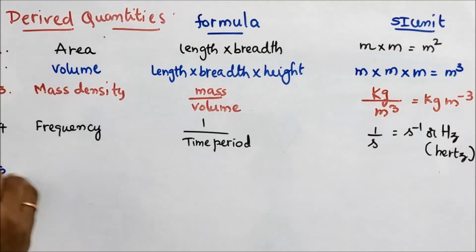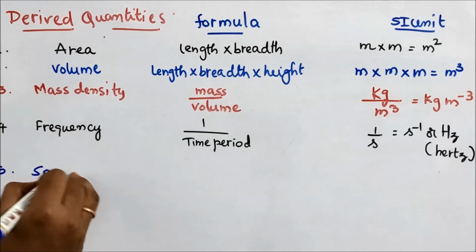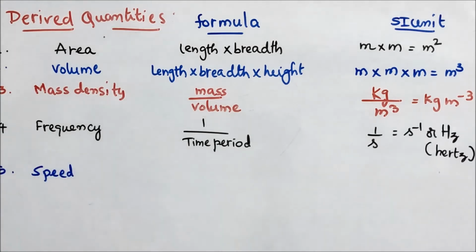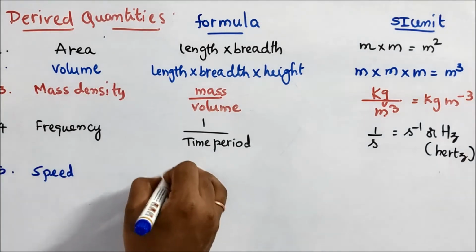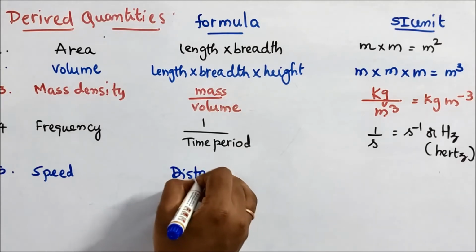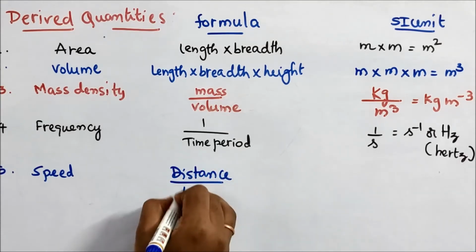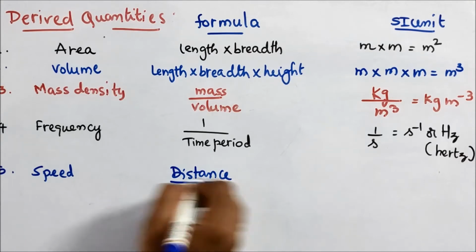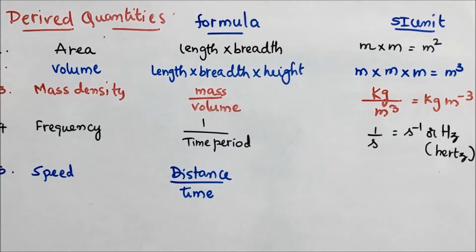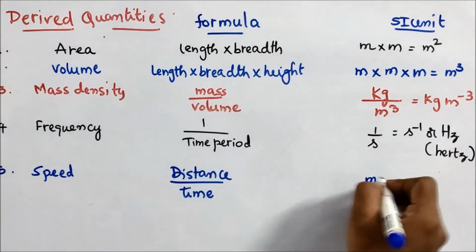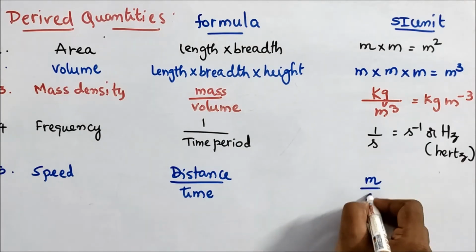Next, speed. Speed is defined as distance per time taken. The unit for distance is meter and the unit for time is second.